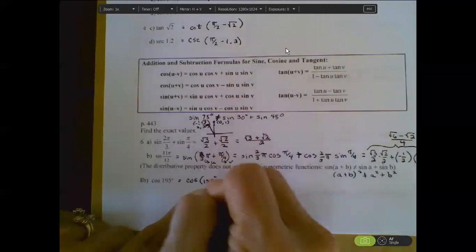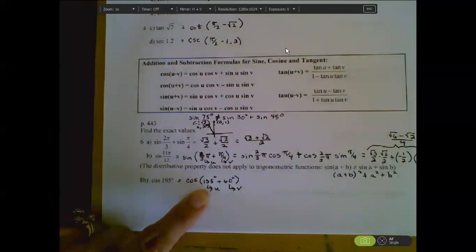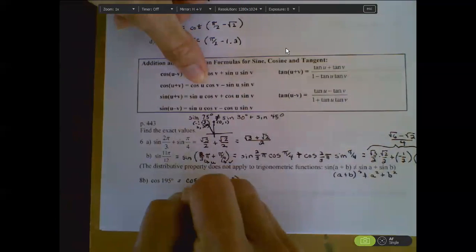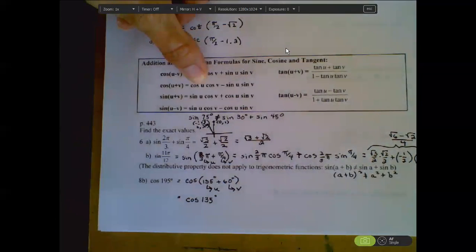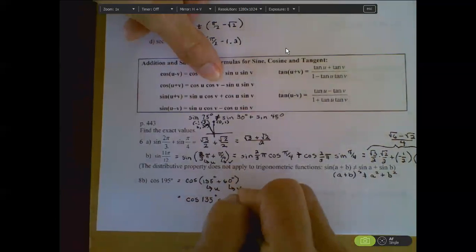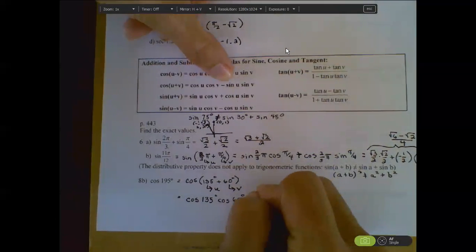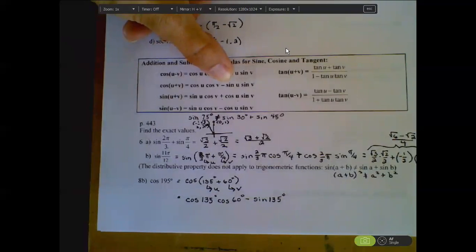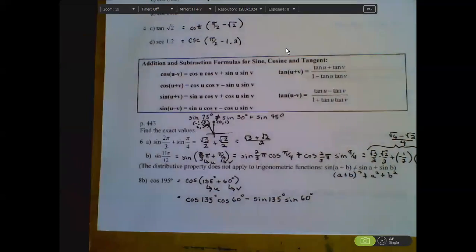If I let 135 degrees be my u and 60 degrees be my v, then the addition formula for cosine would say cosine of u, which is 135 degrees, times the cosine of v, which is 60 degrees, minus the sine of u, which is 135 degrees, times the sine of v, which is 60 degrees.